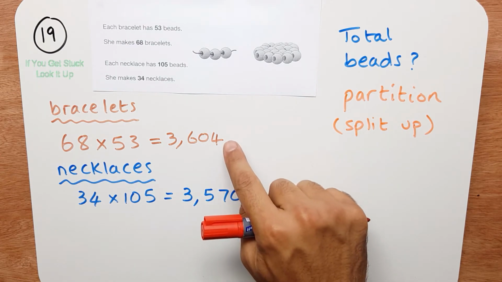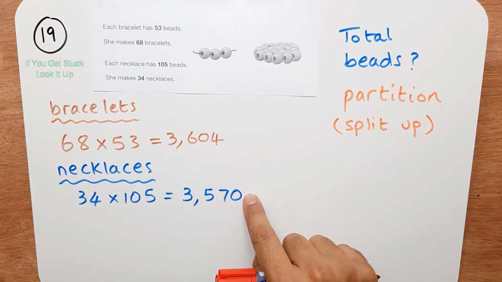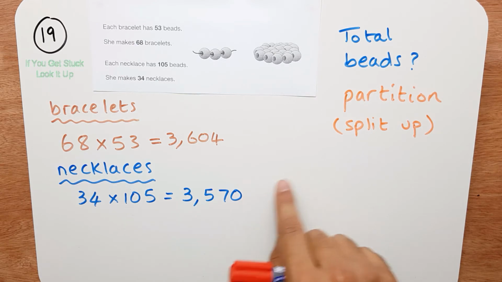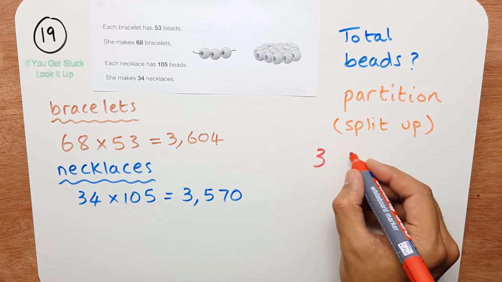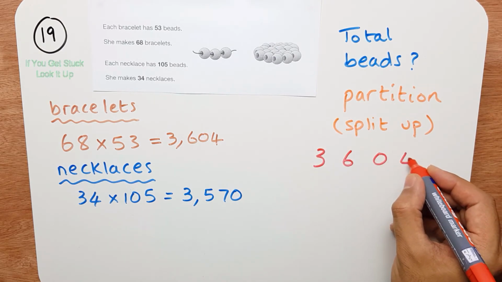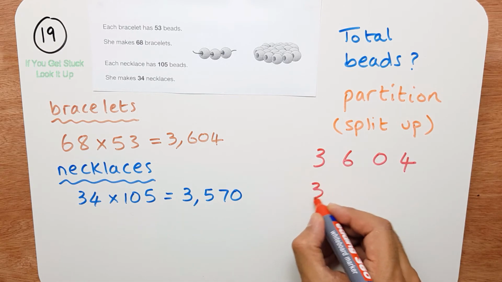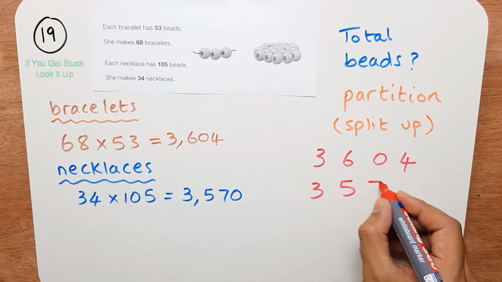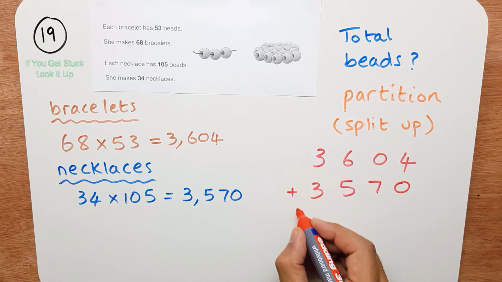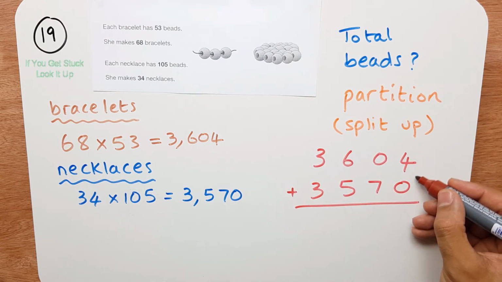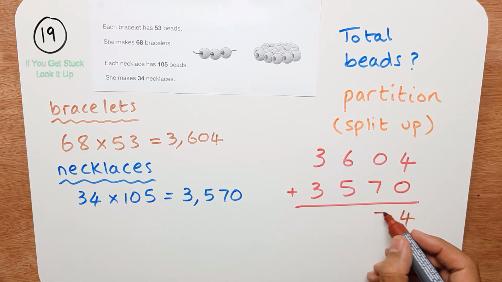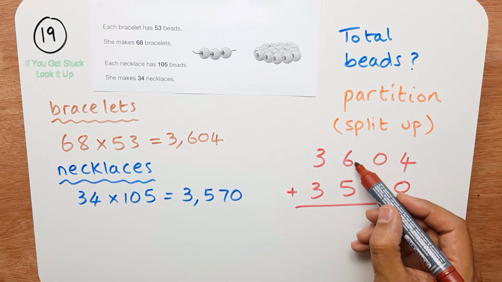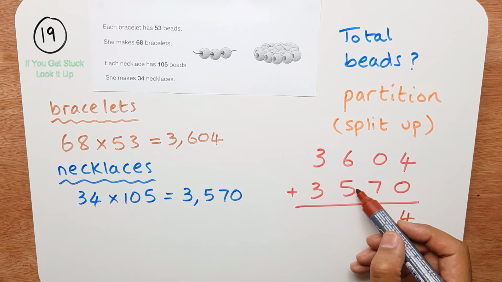Now we simply need to add these two numbers to get the total number of beads. So I'm going to do that in column addition here. So let me start with 3,604, add 3,570. First column is 4 add 0, which is 4, 0 add 7, which is 7, 6 add 5 is 11.